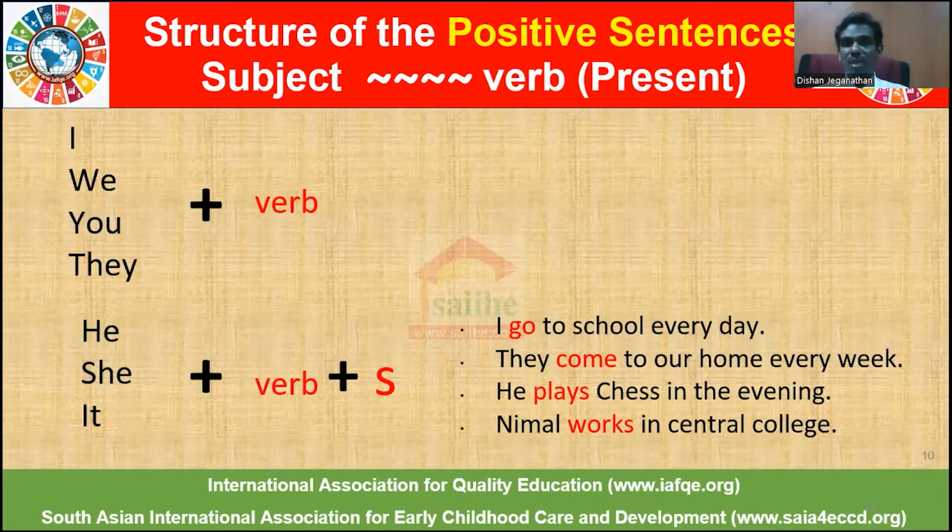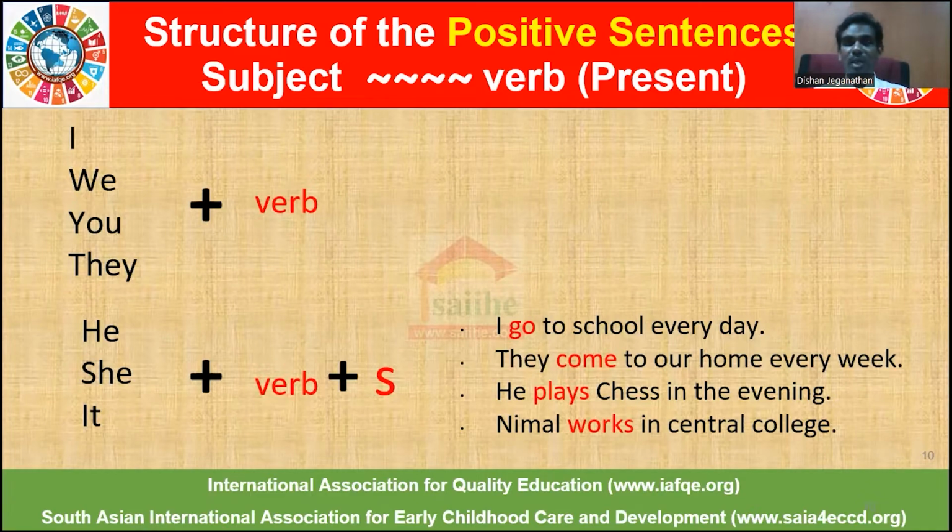The form goes as subject plus the verb. For I, you, we, they, we usually use the verb alone. For example, it could be I play, we play, you play, they play.